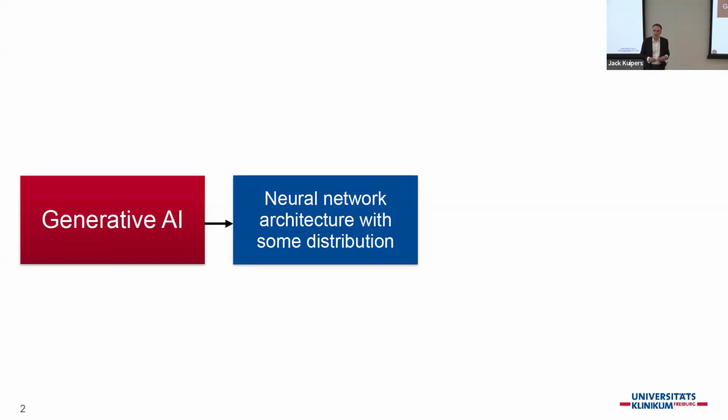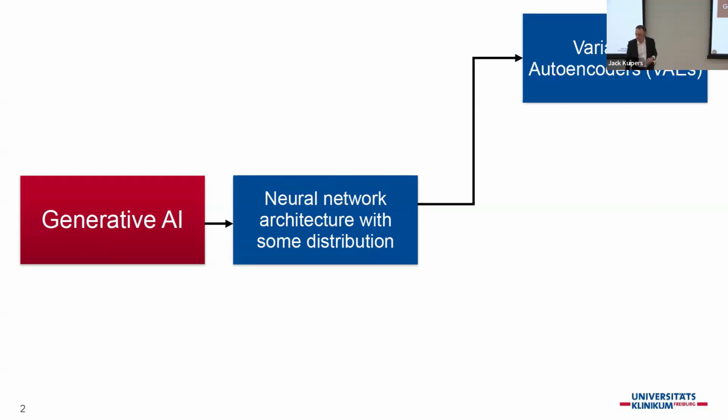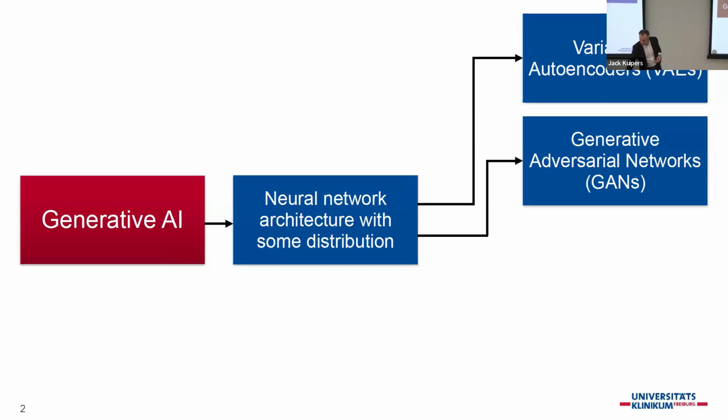If you go back 5 years or so, you would say: neural network architecture with some distribution. You're, for example, thinking about variational autoencoders. This is an architecture that explicitly has parameters of a distribution in it. The big competitor at the time was generative adversarial networks, which we just saw, where you implicitly learn some distribution.